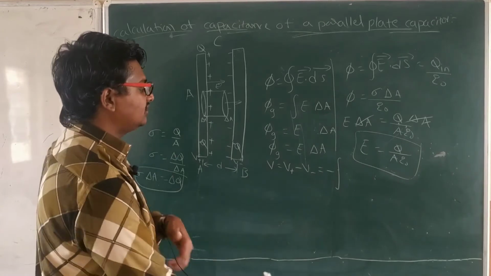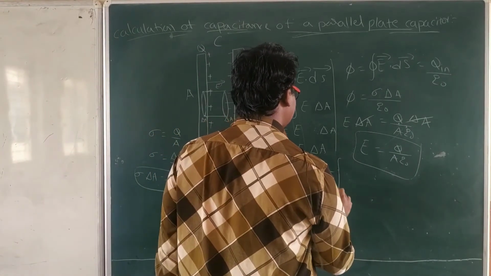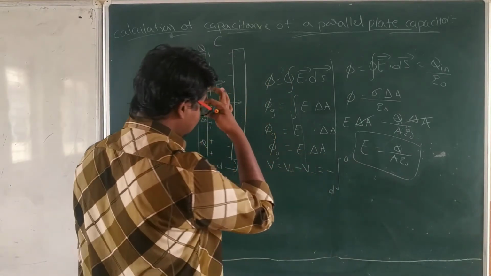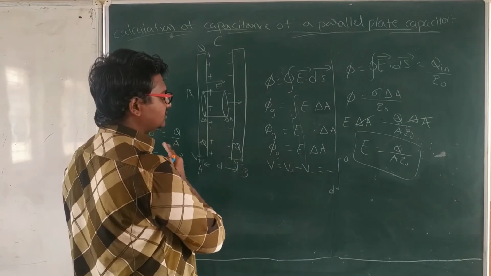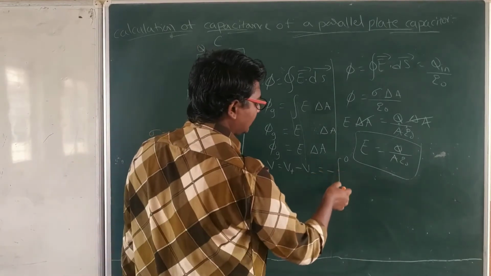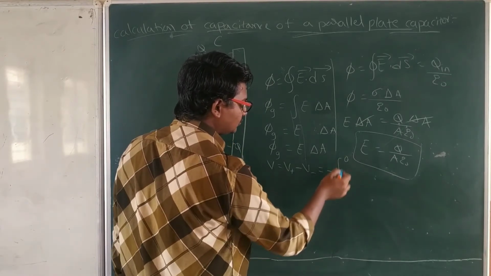It means the limits are from 0 to d. As we are taking here the minus symbol, we can take from d to 0, because we are considering from this side to this side. If you consider from that side, from here to there, directly we can take d to 0 and no need of minus sign. Like this we have considered 0 to d.